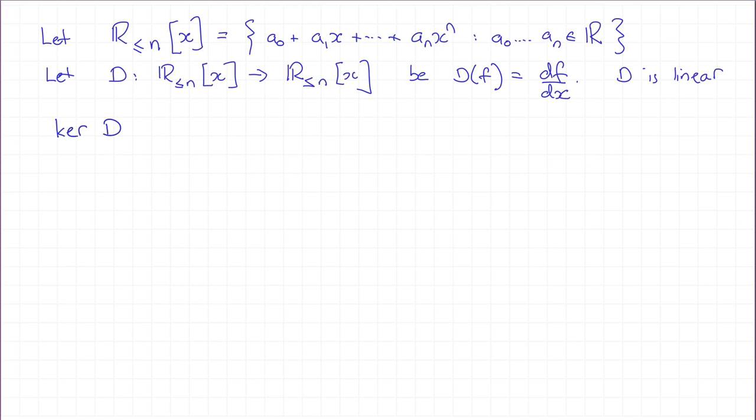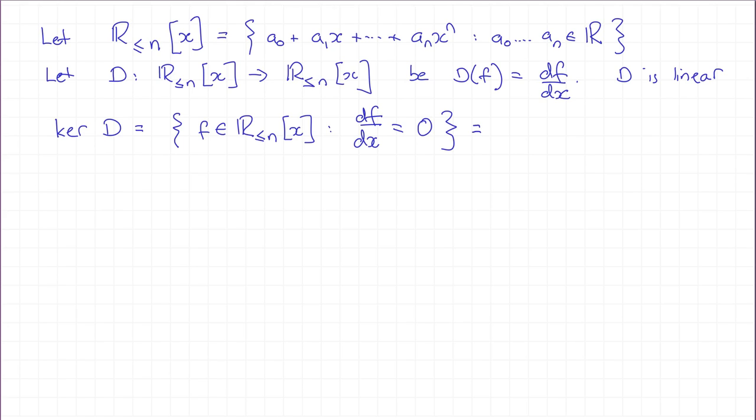So the kernel of D, by definition, this is all f which are a polynomial of degree less than or equal to n in the single variable x, such that df by dx is the zero polynomial. Okay, well, which polynomials have derivative 0?